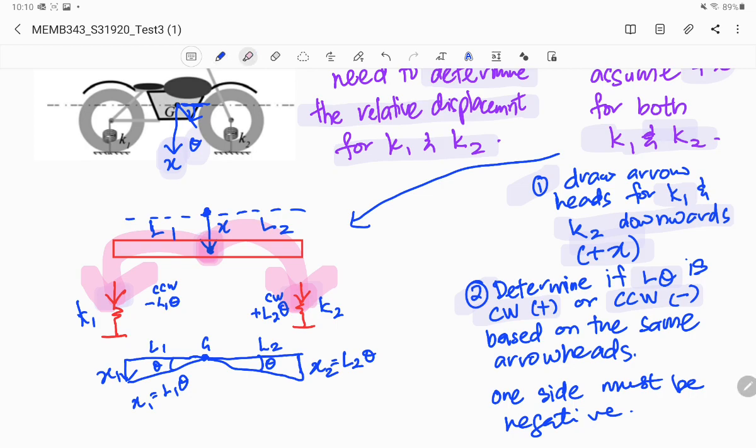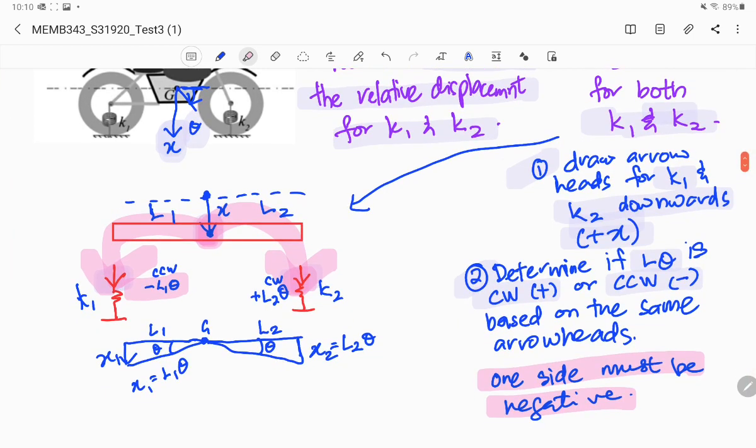So we've done steps 1 and 2, where you can see that one side must be negative. In this case, this side is the left-hand side, so you get a negative there. Once you get that, you can clearly write. Maybe I just remove the point here.